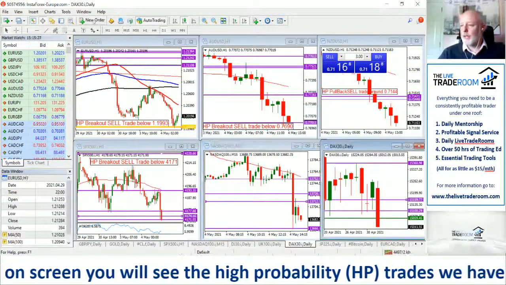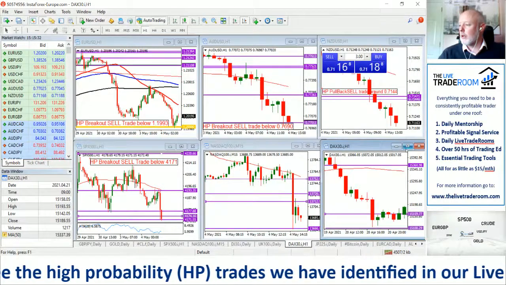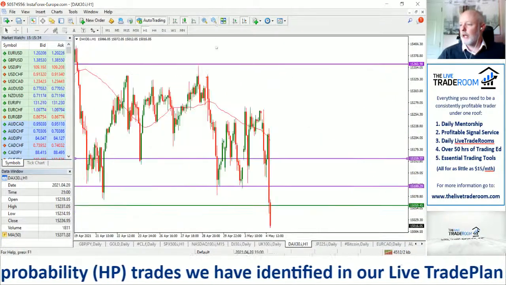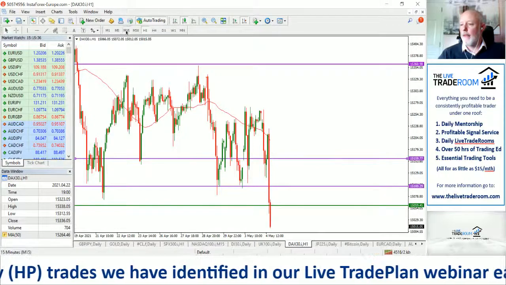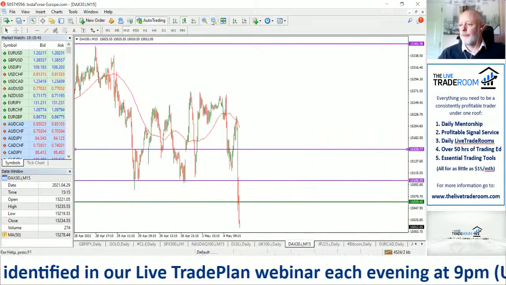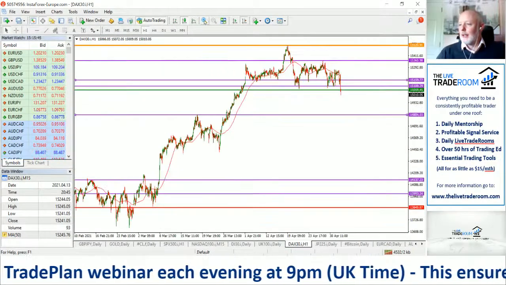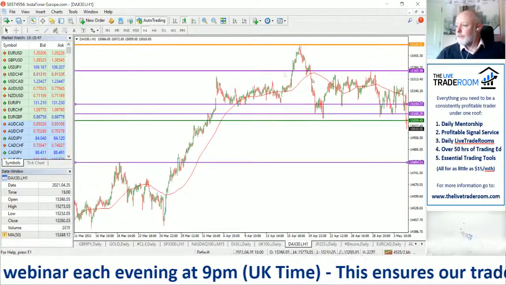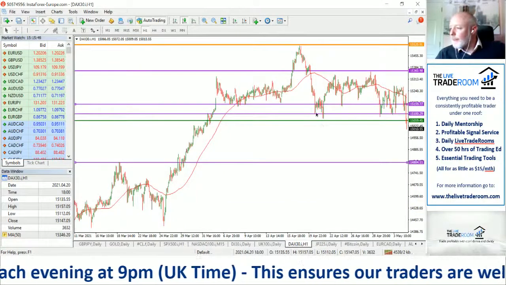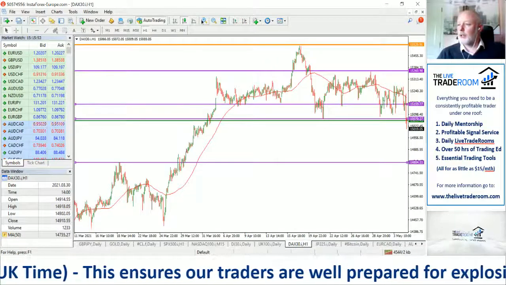And it looks like we're getting some continuation in these markets now. So let's just have a quick look at this first. Okay, so that's our structural level.